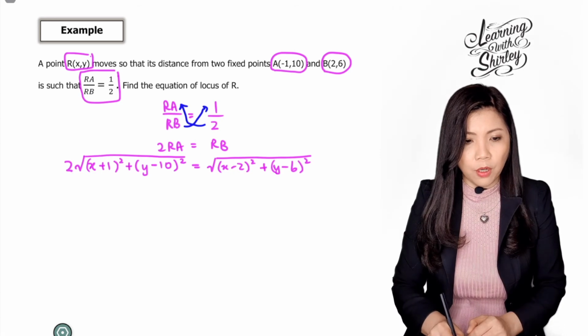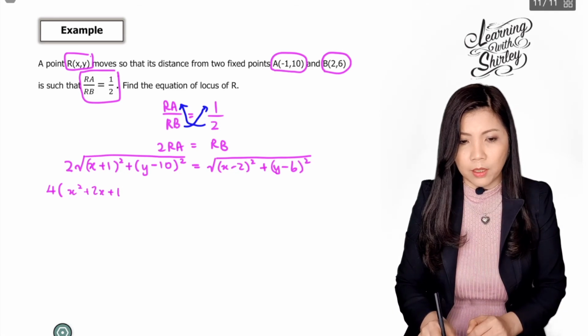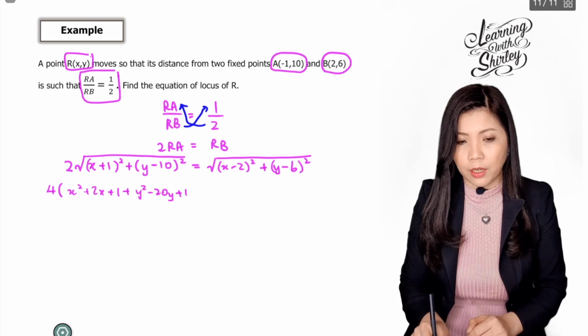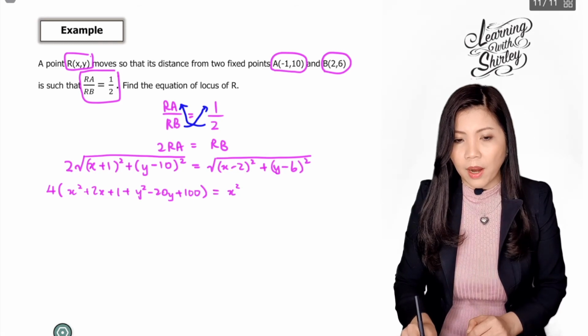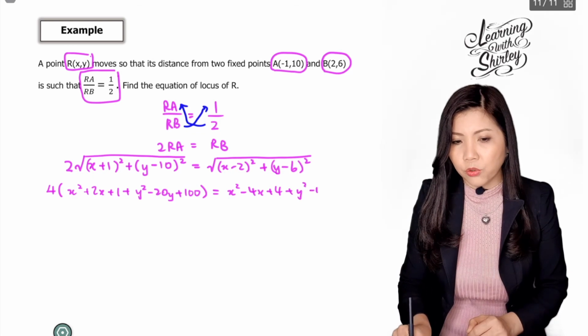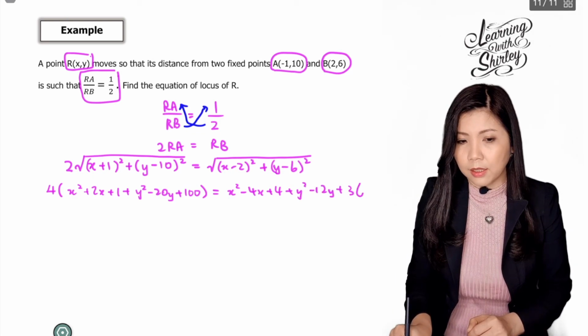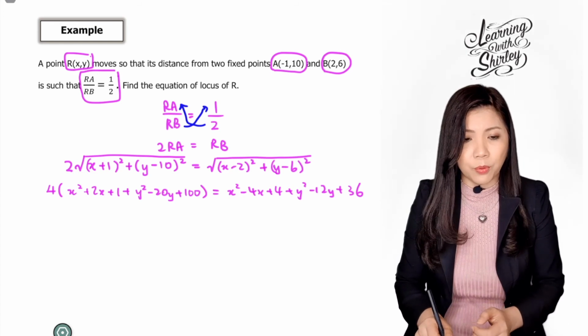So it becomes 4 times, and I'm going to expand all the brackets. It'll be 4(x² + 2x + 1 + y² - 20y + 100) = x² - 4x + 4 + y² - 12y + 36. I'm going to expand the left hand side first because there's a 4 outside the bracket.